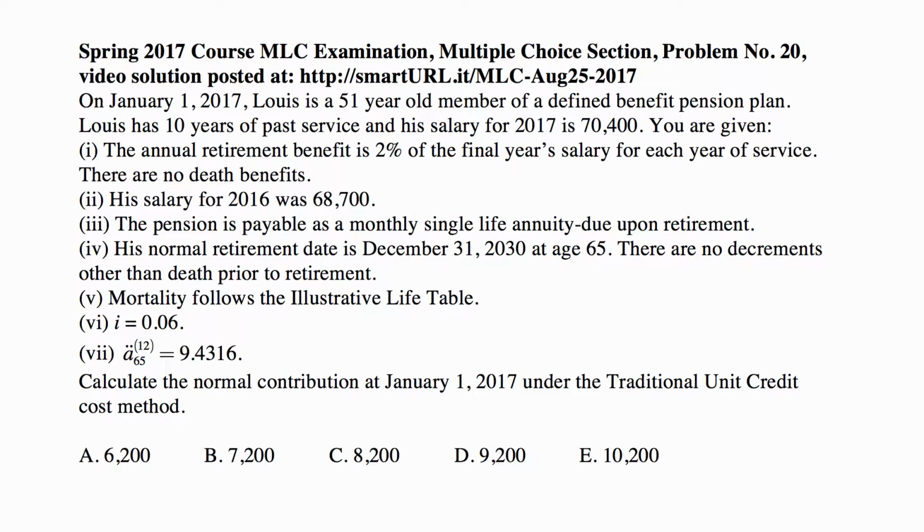So let's recall that normal contribution is the strange name for normal cost in the textbook for the exam. And we are looking at the normal cost for 2017 as of the beginning of the year 2017, and we're using the traditional unit credit method.